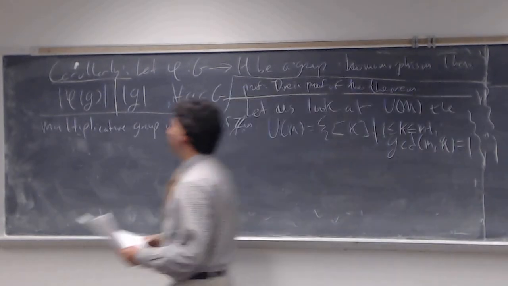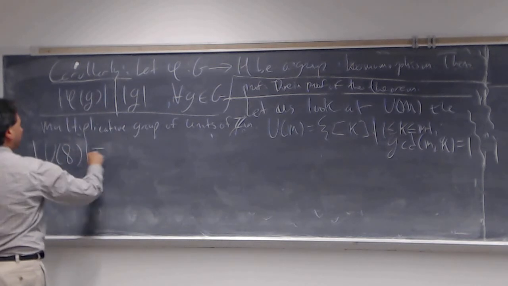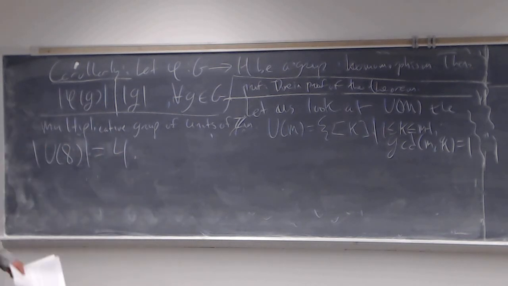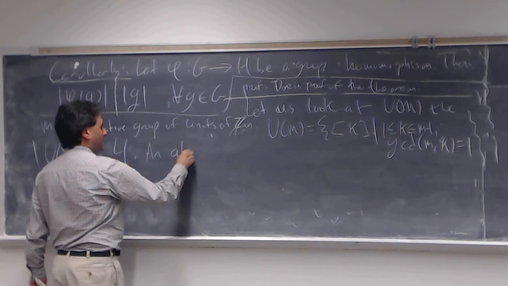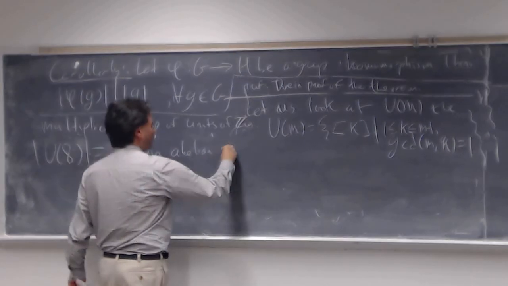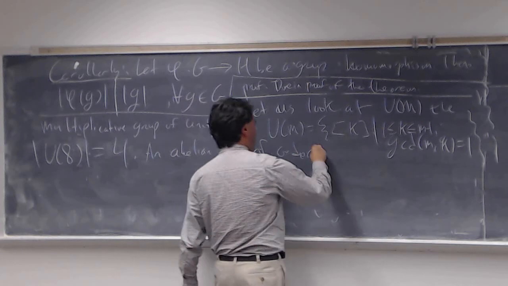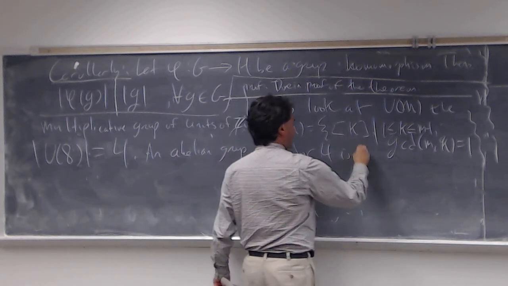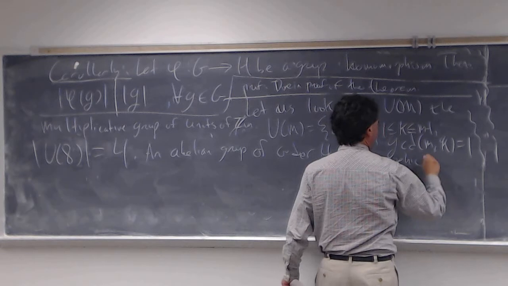So let's look at it. What is the order of U_8? It has 4 elements. We saw from our Cayley table, every group with 4 elements is abelian, and any abelian group of order 4 has to be one of two different groups up to isomorphism.